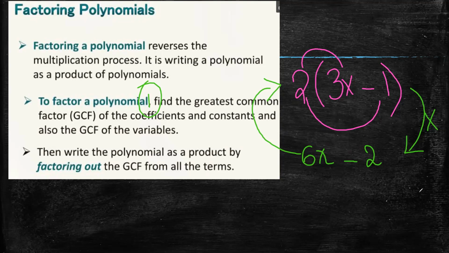Let's see how. I want you to know that factoring a polynomial reverses the multiplication. Yesterday, I gave you the pink one as 2 multiplied by a term, and I asked you to write it as one term by multiplying the 2 by each monomial.